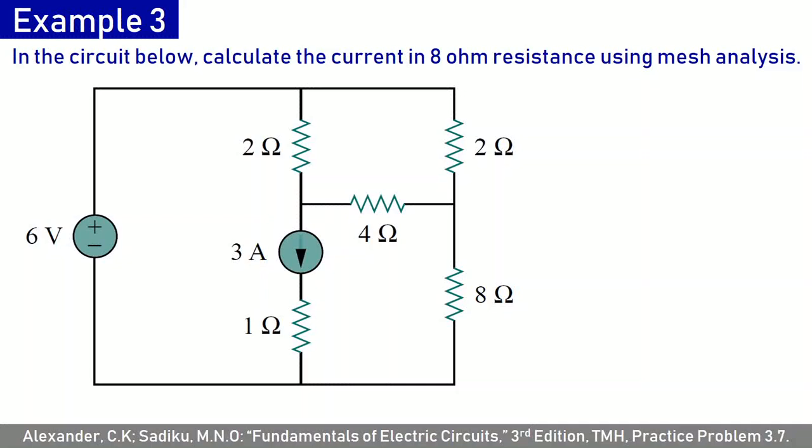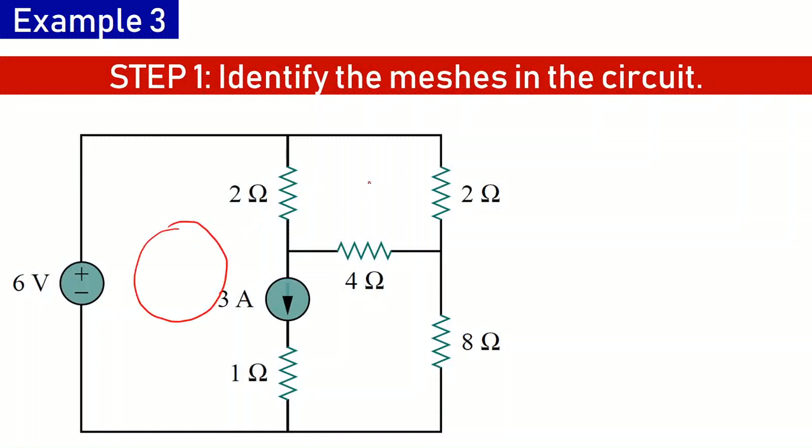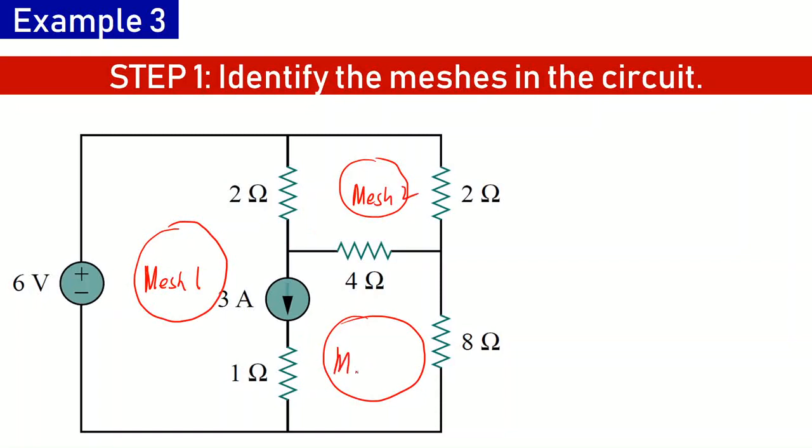As a final example, we have taken up this circuit which has a current source in it. Here we are required to calculate the current in this 8 ohm resistance. The steps will be the same. First we need to identify all the meshes in the circuit. Here we see that there are 3 meshes which I am marking with these circles: mesh 1, mesh 2 and mesh 3.